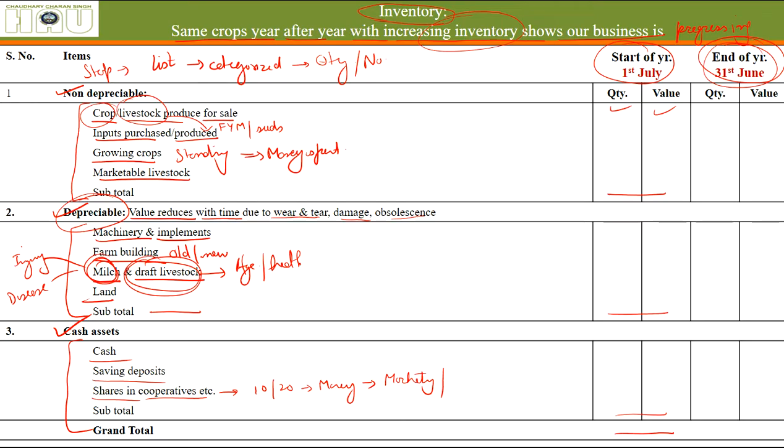If you have more produce, we can rent a truck, take the produce of everyone and sell it at a faraway place where the price is better. We can buy inputs together, and if you buy more quantity of inputs, we can get a better price. So if you have invested your money in cooperatives, PACS, this will also be counted in your inventory. The subtotal of it.